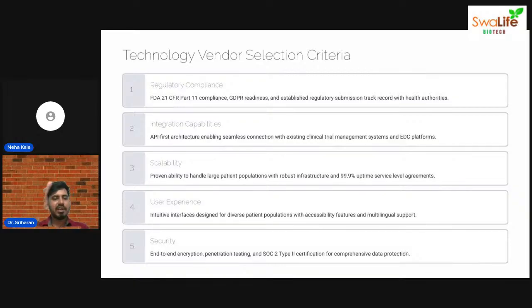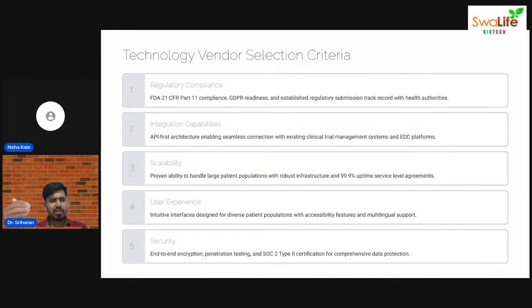If you choose different vendors for the app, the wearable device and the cloud storage database, then any fault or lack of data will affect the study, because the different vendors follow different rules and have different policies. So it will affect the data quality. In my point of view, in DCT, single vendor selection is very useful.